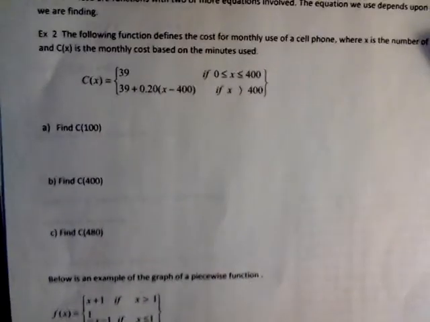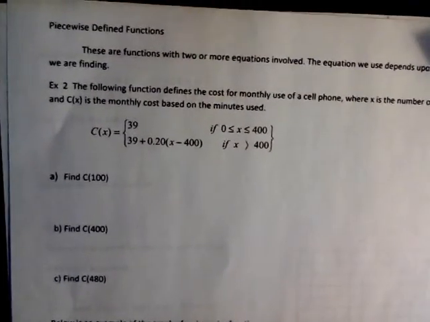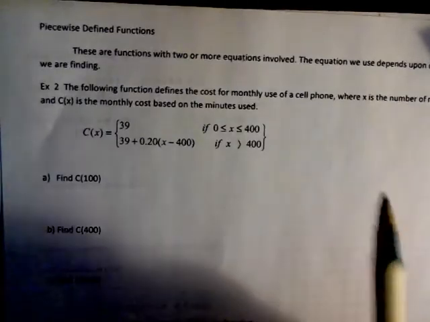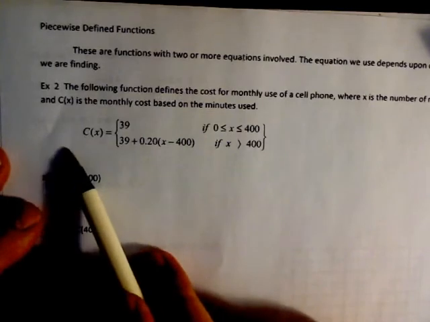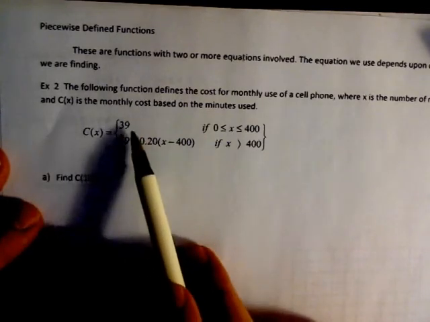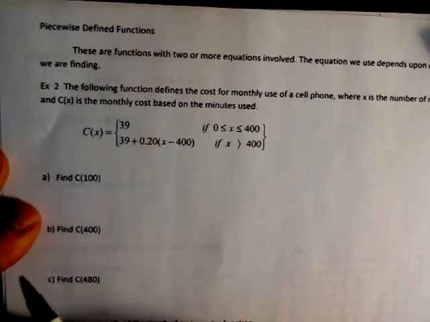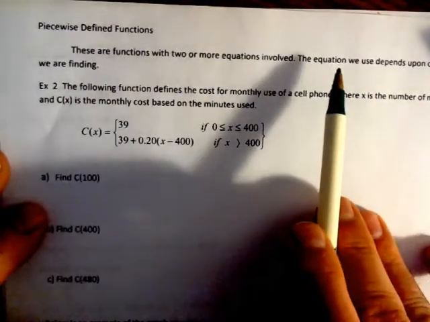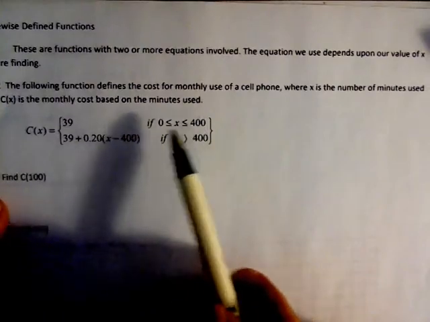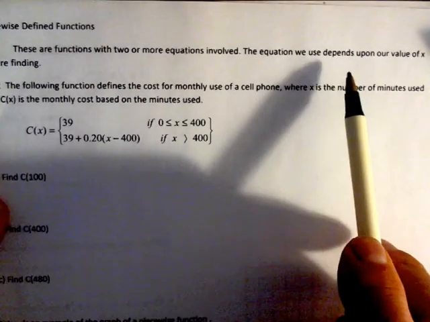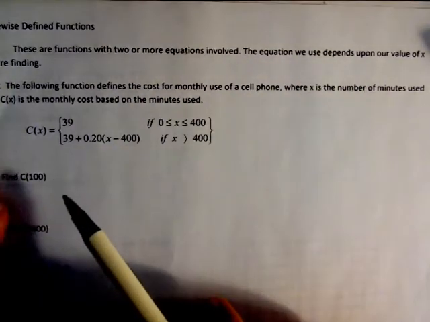Because really what we want to talk about today are what we call piecewise defined functions. A piecewise is one function with more than one equation involved. So oftentimes you have to choose which equation you're going to use based upon your x value.